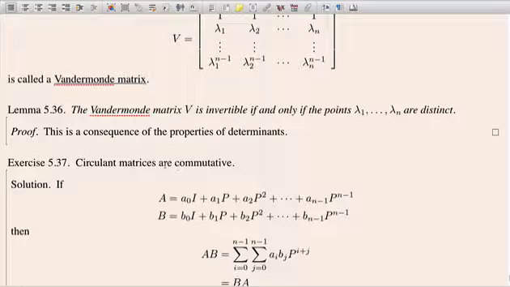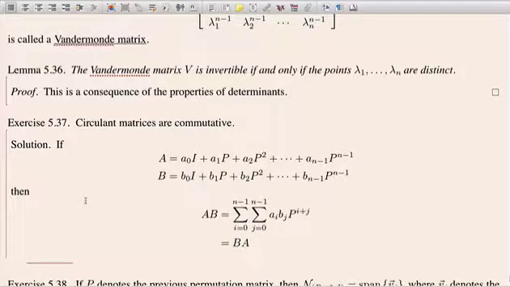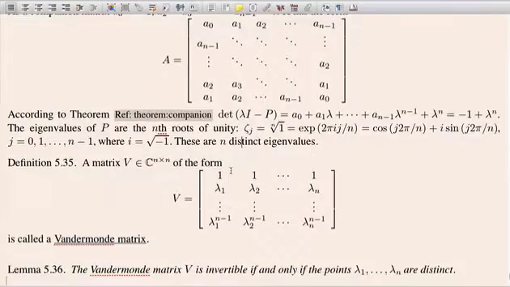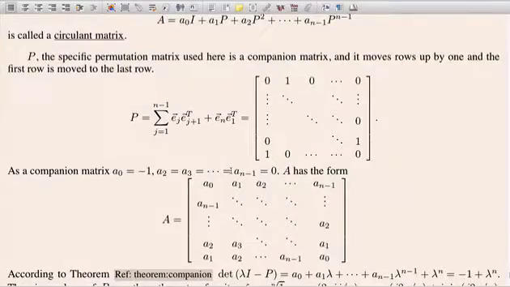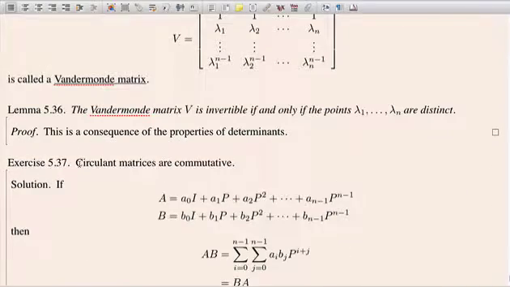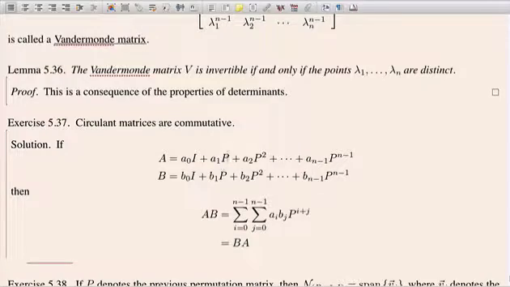A property of the circulant matrices is that they are commutative. If you write down one circulant matrix A with coefficients a0, a1, an minus 1, and another circulant matrix B with coefficients b0, b1, bn minus 1, the p is supposed to be the same.